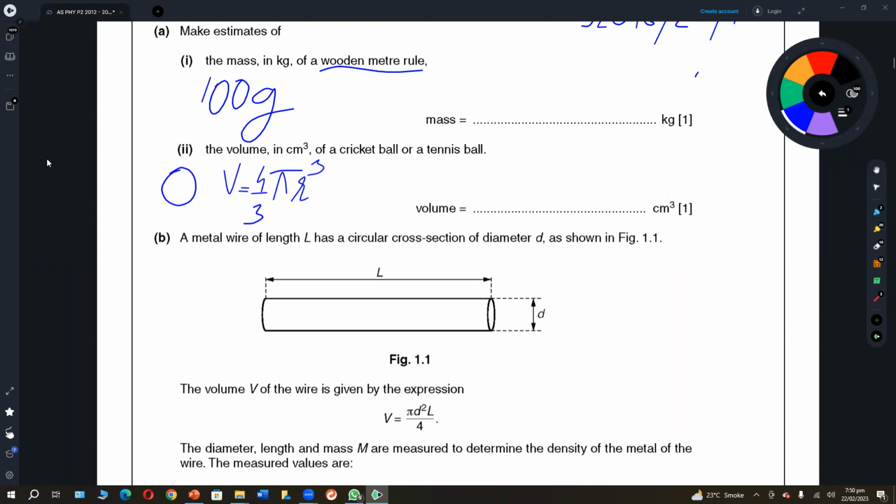Generally, examiners keep a very good range for such questions. So you just have to make some intelligent guess. How much radius we are taking? 40 centimeters.